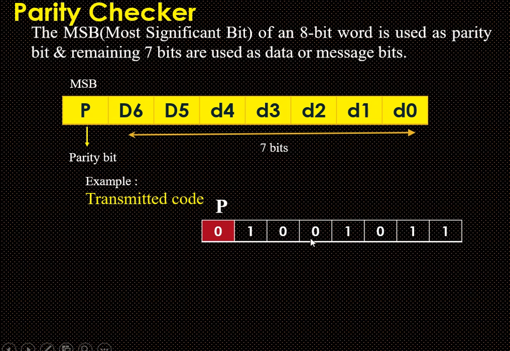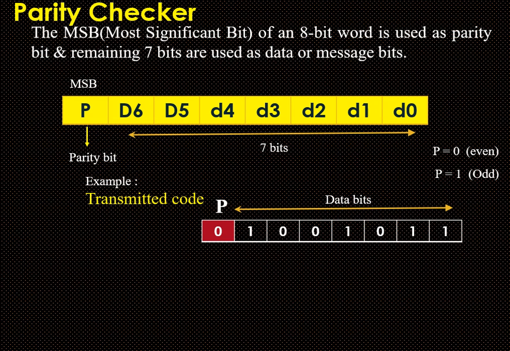Here P is 0 because the number of ones is even: 1, 2, 3, 4, a total of 4 ones, and 4 is an even number. If the count is even, P is equal to 0. If P is equal to 1, that indicates odd.